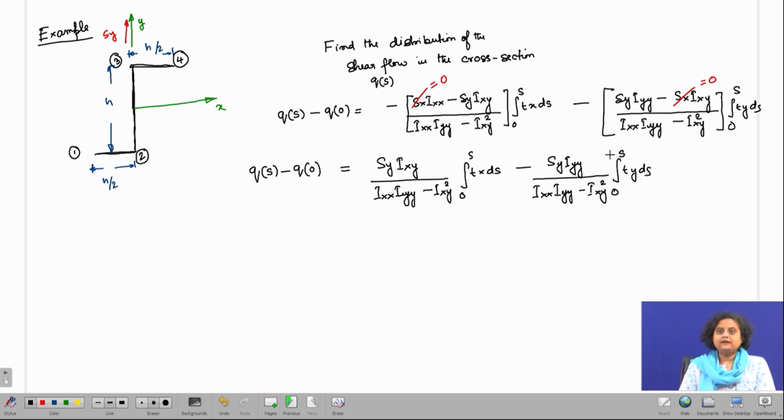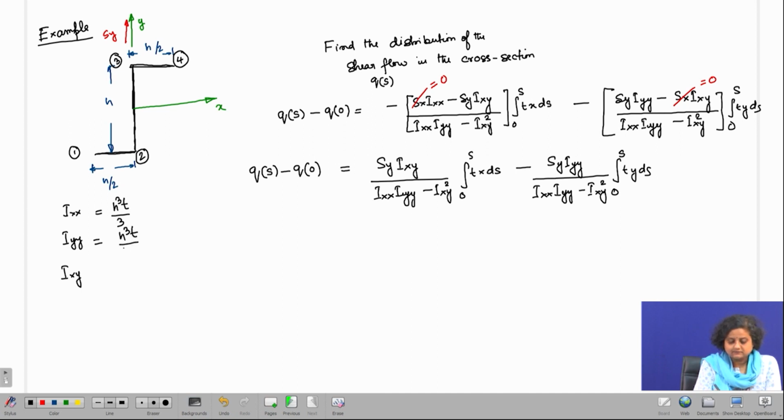Now, to evaluate this expression, we have to find Ixx, Iyy and Ixy. Ixx of this cross section is going to be h cube t by 3, Iyy will be h cube t by 12, and Ixy will be h cube t by 8.